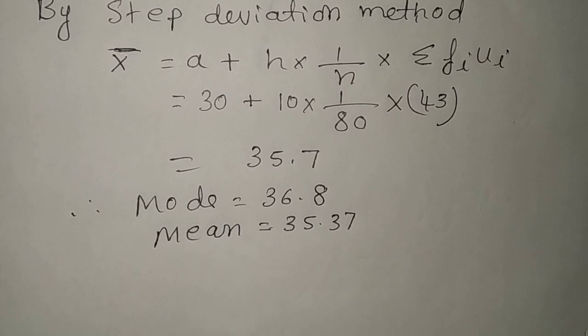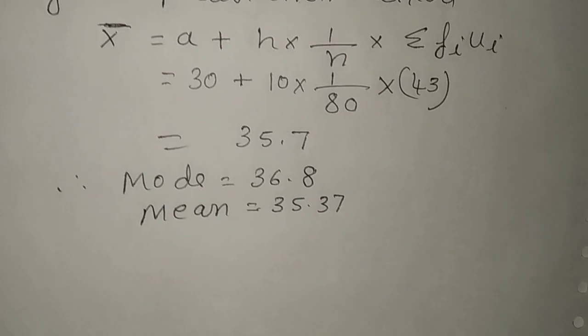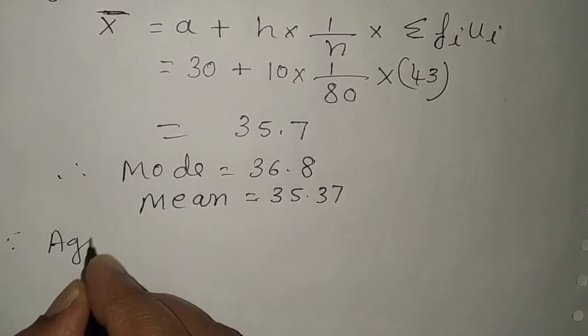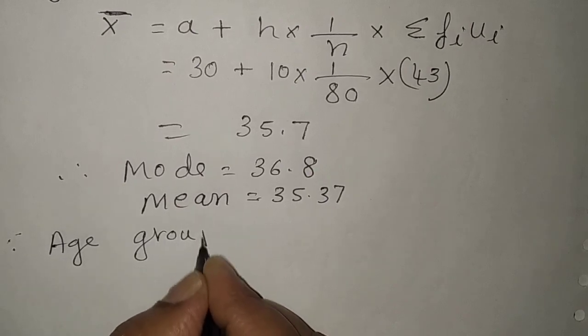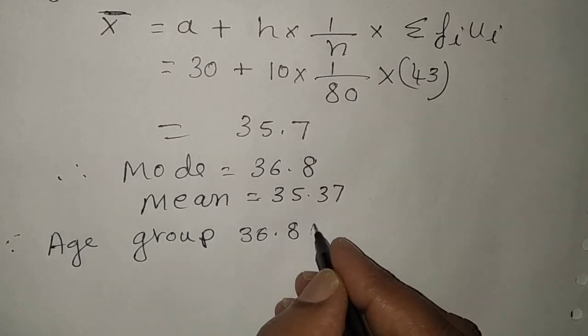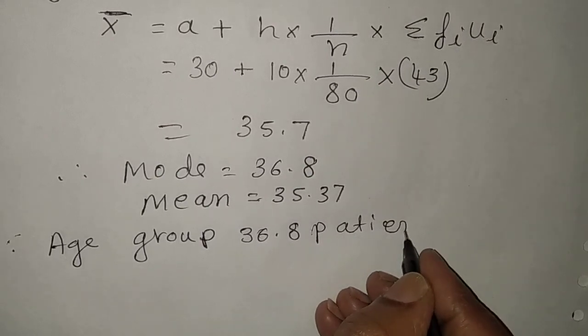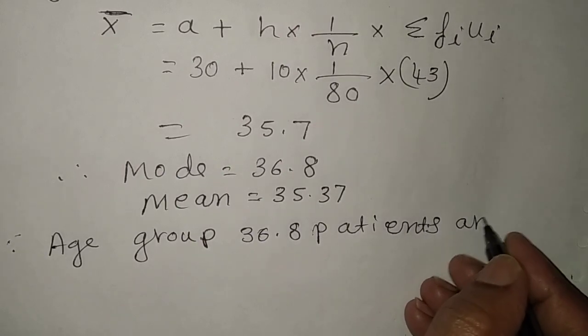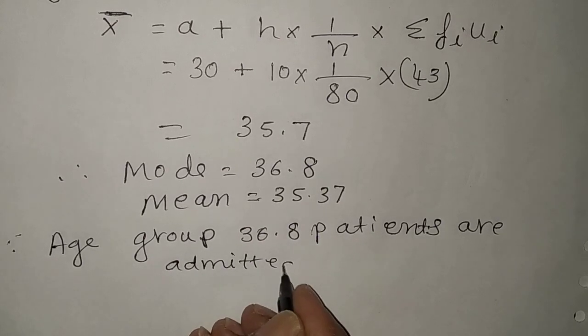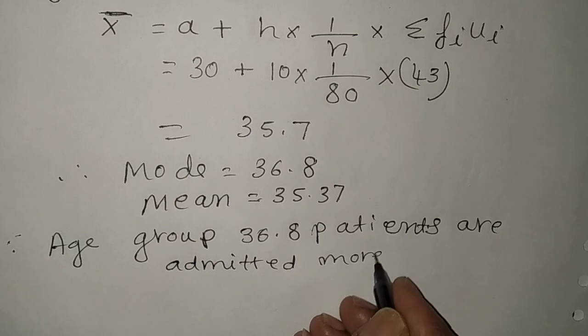So finally, the age group 36.8 patients are admitted more in numbers. Therefore, finally, conclusion is age group of 36.8 patients are admitted more in numbers.